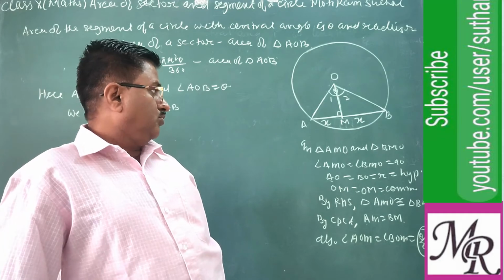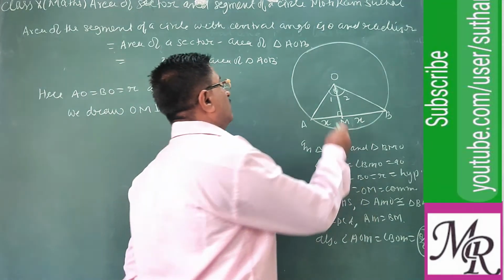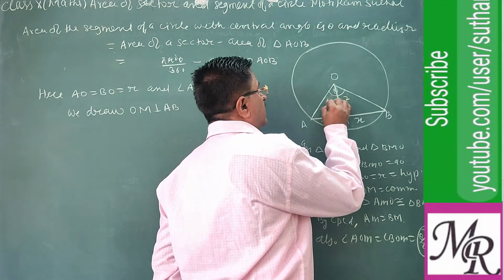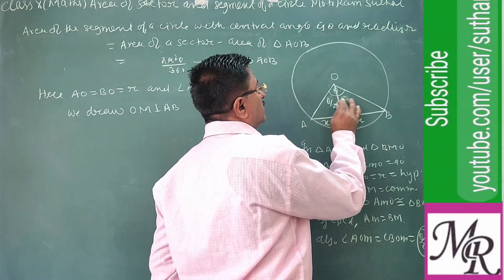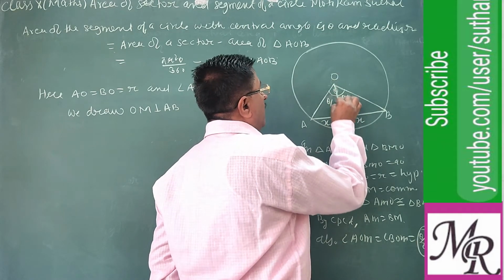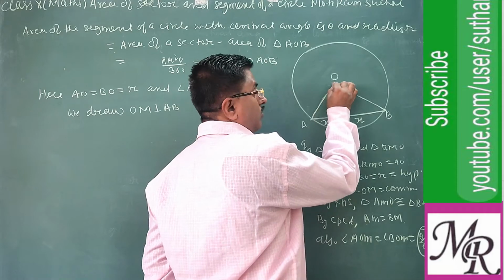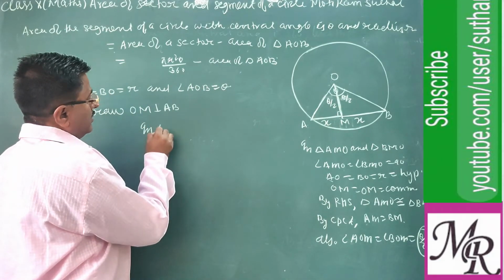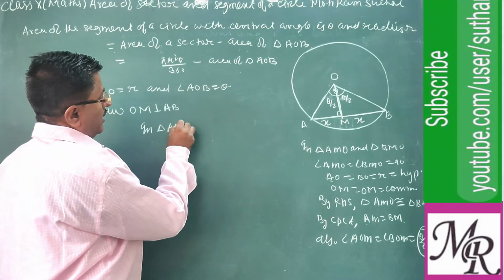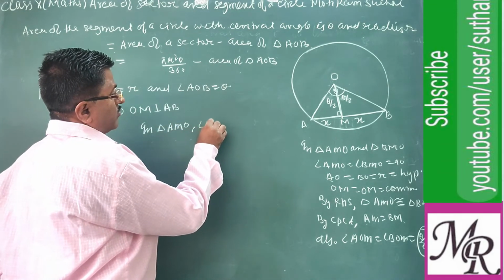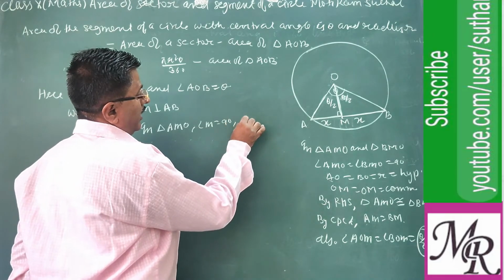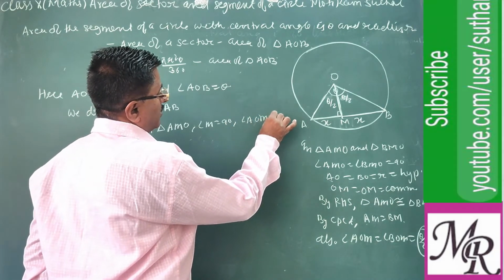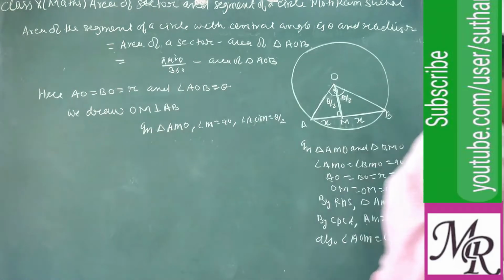Correct? So we get this information. Now in triangle AMO, angle M equals 90 and angle AOM equals theta by 2.